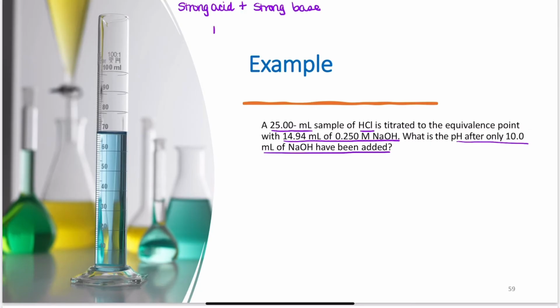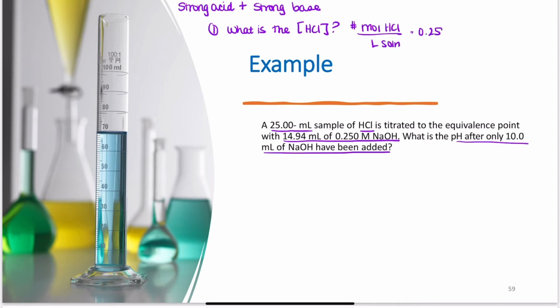So the first question I'm going to ask is, what is the concentration of HCl? How do I find that? Through stoichiometry: the number of moles of HCl per liter of solution.